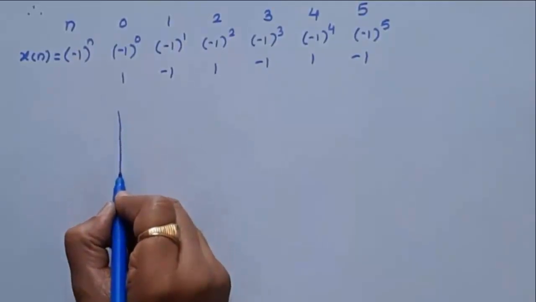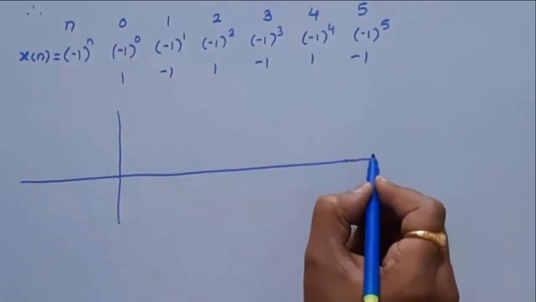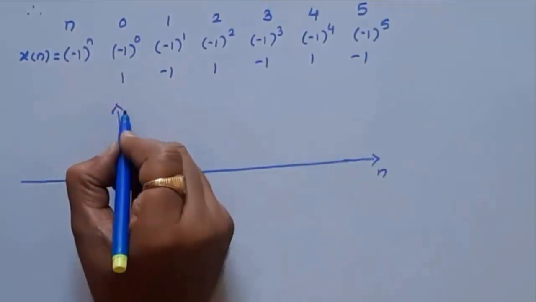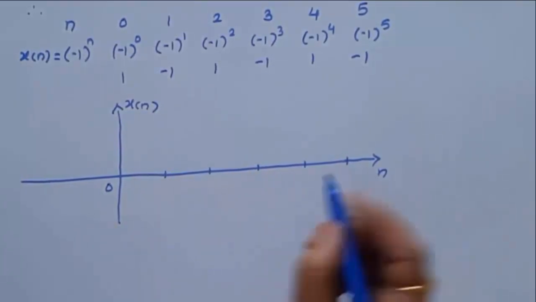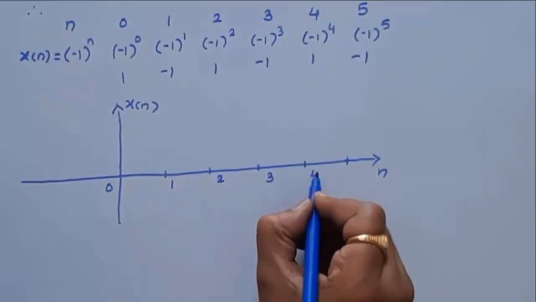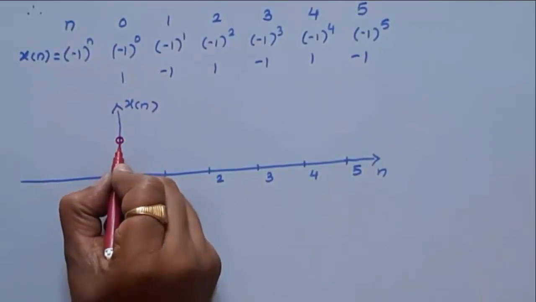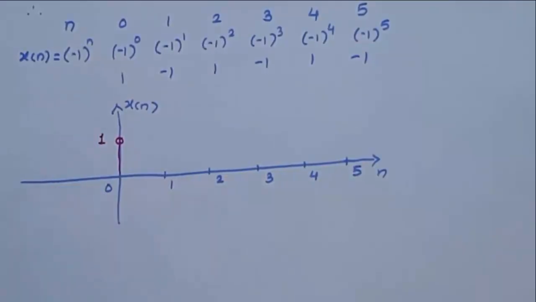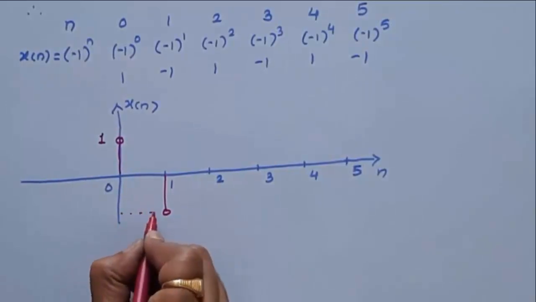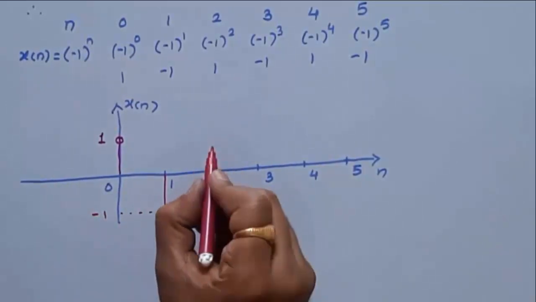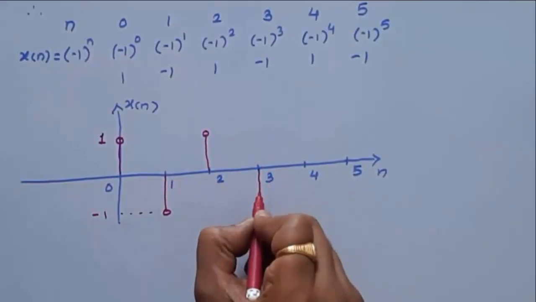From the above table, we'll plot the value of x of n with respect to n. At n is equal to 0, x of n is plus 1, and at n is equal to 1, x of n is minus 1. Similarly, at n is equal to 2, x of n is plus 1.